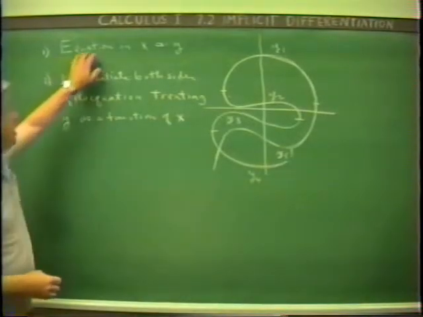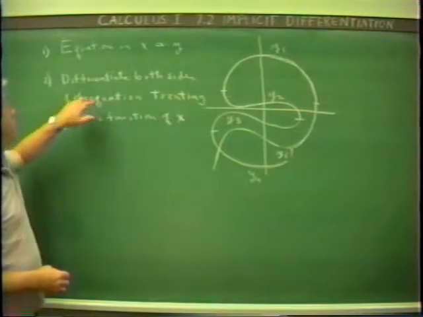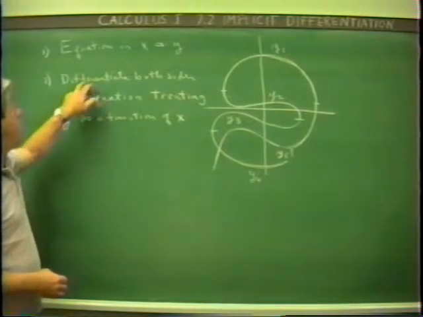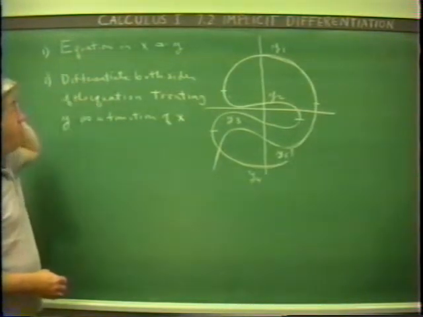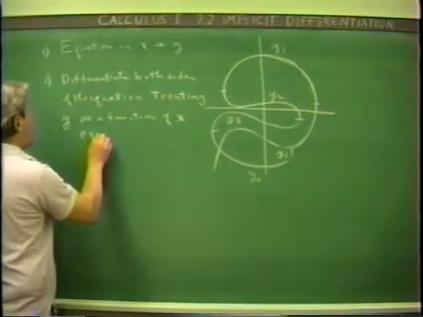If you've got two sides of an equation and the equation holds, then when you differentiate both sides, the derivative of the left-hand side should be the same as the derivative of the right-hand side, so you equate them.